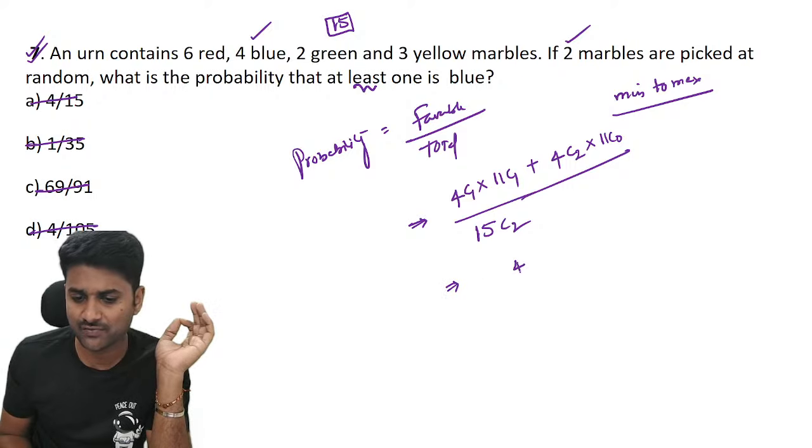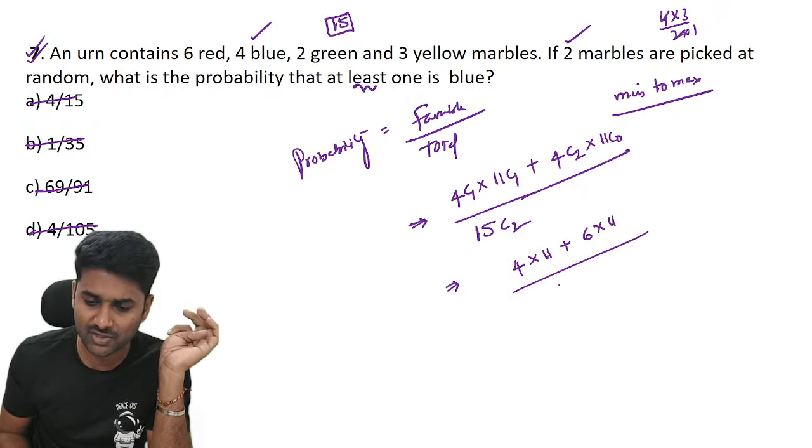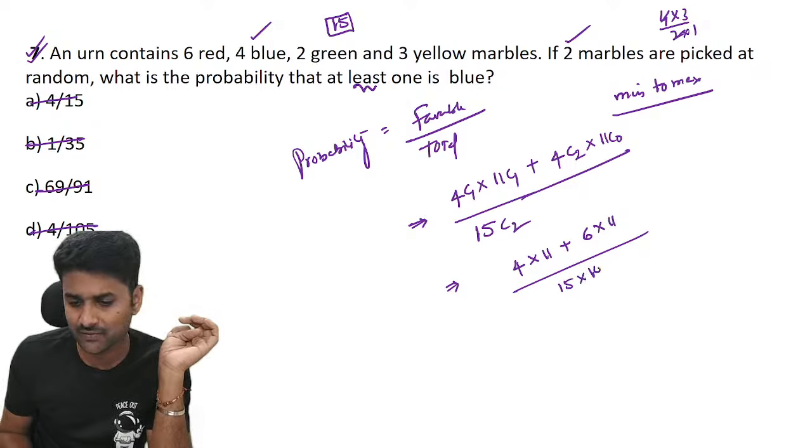So 4C1 is 4, 11C1 is 11. And 4C2 is 4 into 3 by 2 into 1, so it's 6. Denominator 15 into 14 divided by 2 is 105.